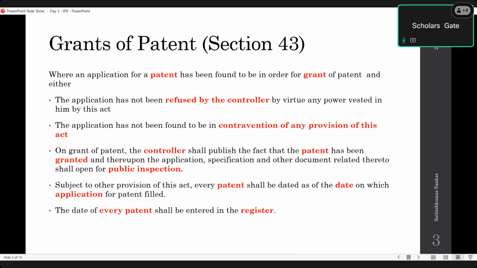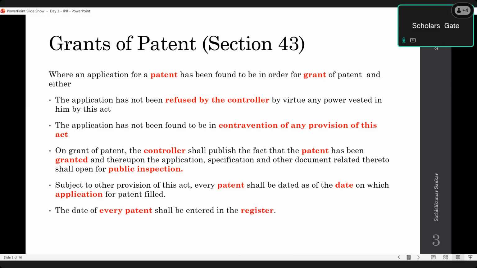So we want to follow all the protocol. The controller or examiner is thinking to grant the patent, but the applicant should satisfy their needs. Based on the different types of forms and procedures, we want to fulfill the controller's and examiner's requirements.